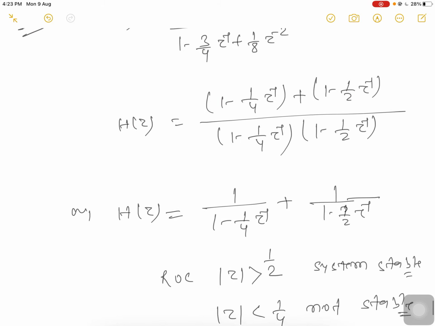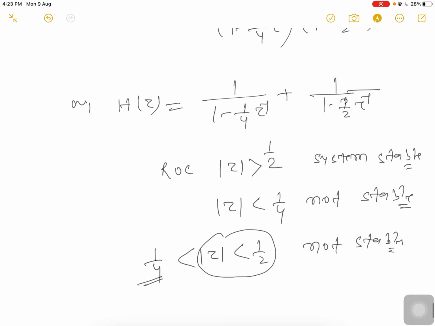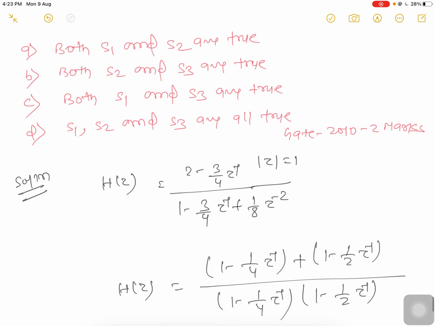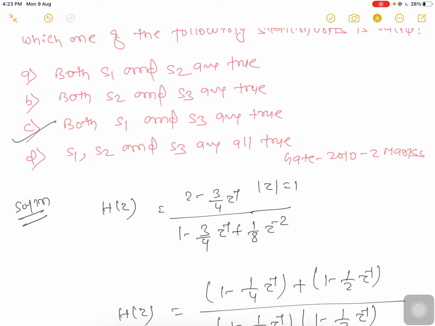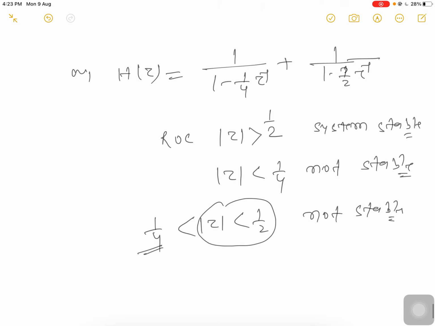And S3: the system is neither stable nor unstable. So S1 and S3 are true, because mod z greater than half means the system is stable, and for the other part it is not stable, so neither stable nor unstable. So option C will be the right answer.